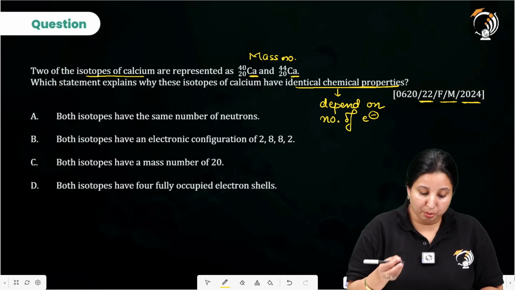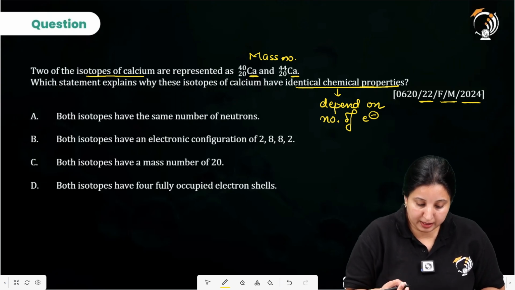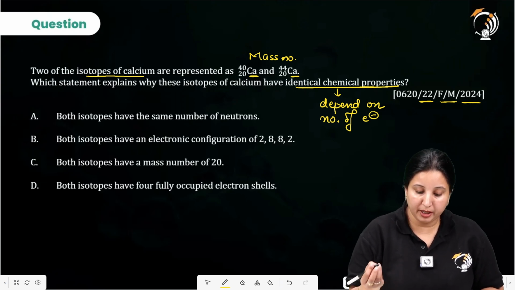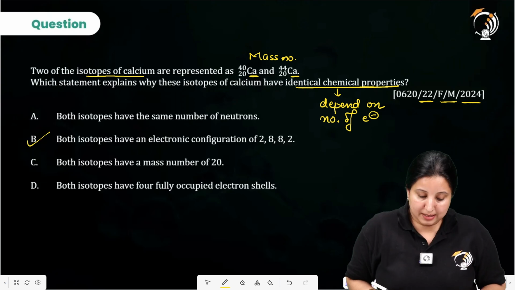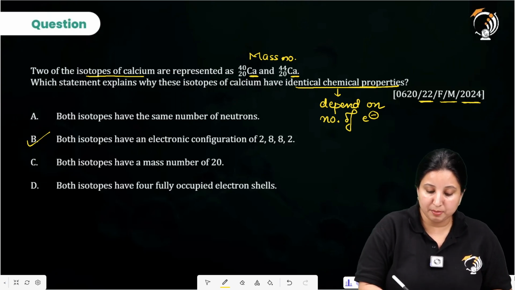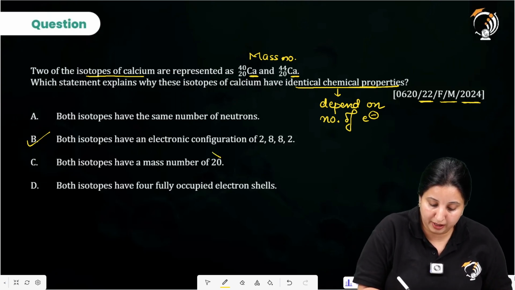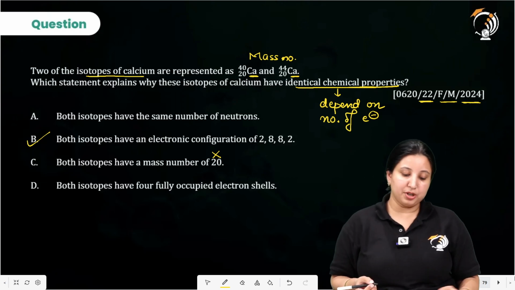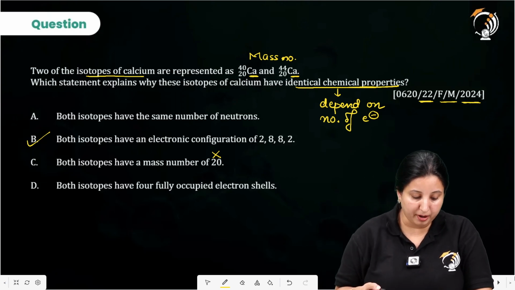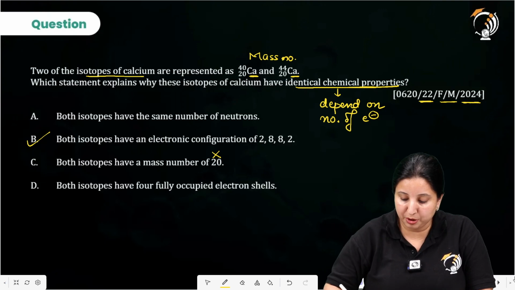So both isotopes have the electronic configuration of 2882 is going to be my answer. Your C could not be the answer because mass number is not 20. Both isotopes have 4 fully occupied electron shells. This is also not going to be my answer. So option B is going to be the answer.